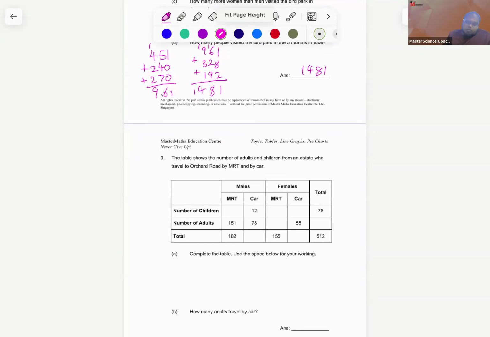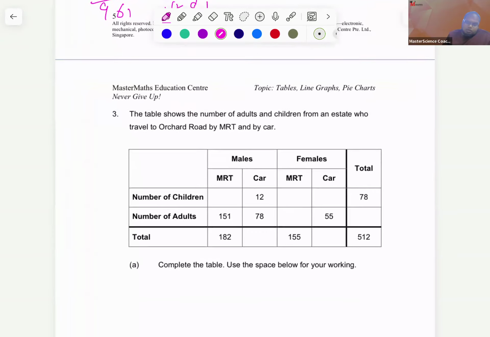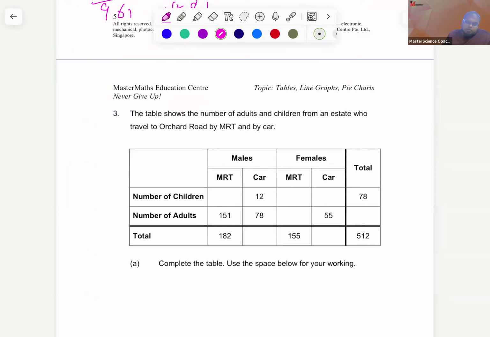They are separated into children and adult, and also by male and female. Individually they are separated by MRT and car. Here there is a total, and there's also another total here.